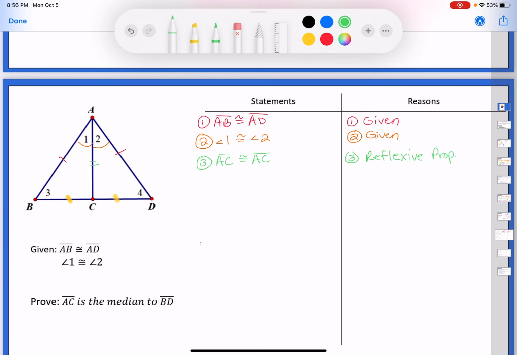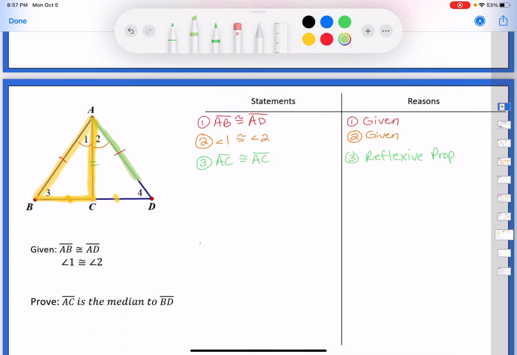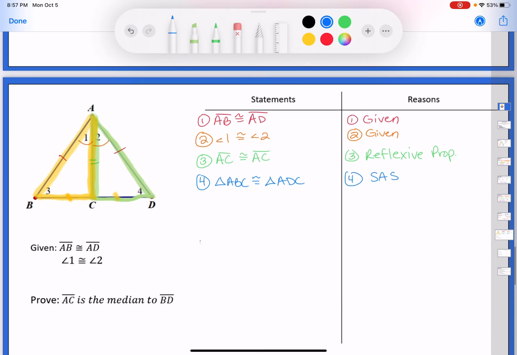And then once I have that, then I can see that triangle ABC is congruent to triangle ADC. And my reason would be side, angle, side. And the steps should be pretty obvious, but that first step was a side, the second one was an angle, and the third one was my other side.